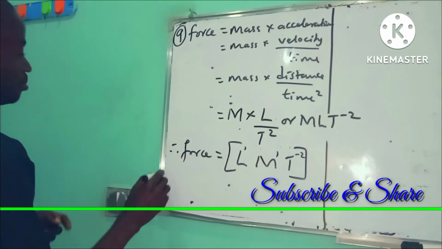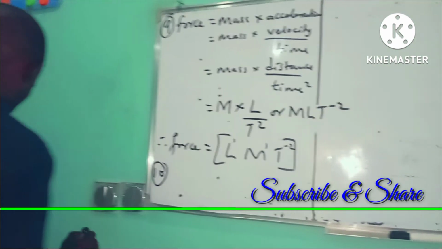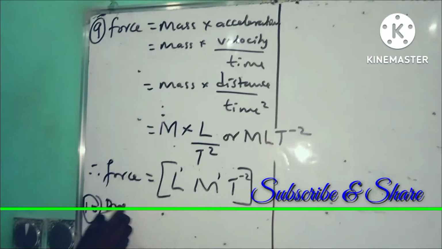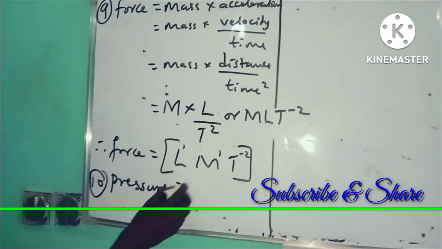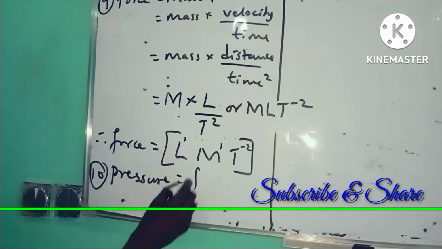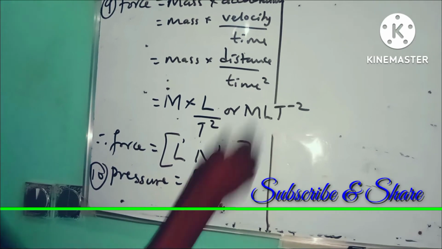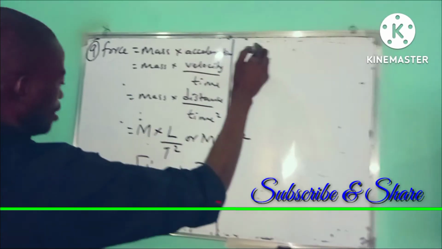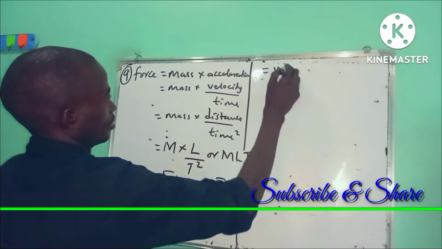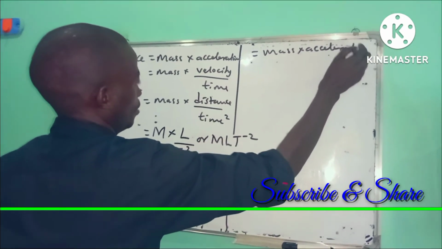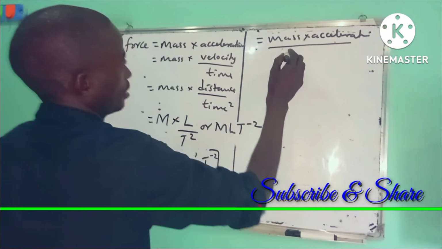Now, the next example we shall consider is example 10. That is pressure. Pressure is expressed in terms of force upon area. What is force? This force can further be broken down as mass times acceleration upon area.